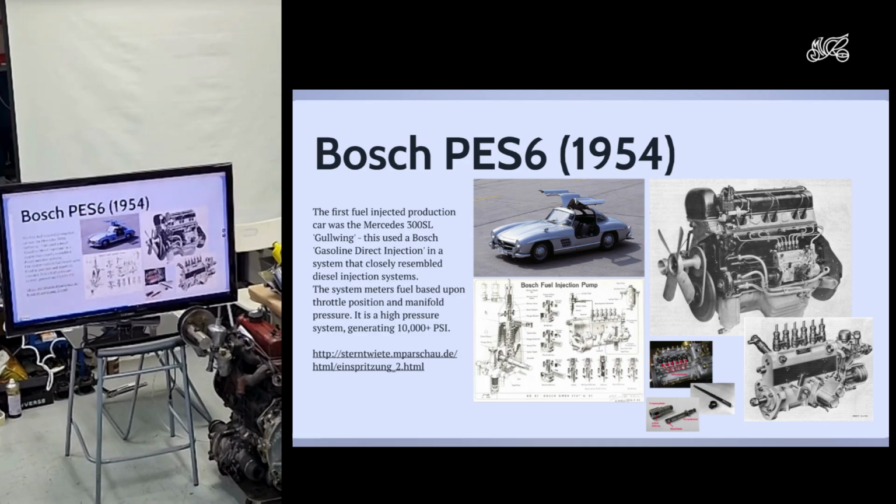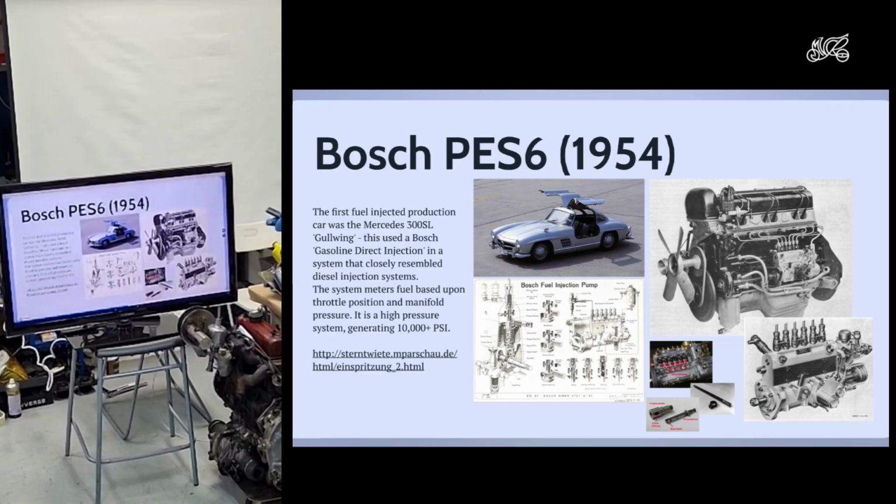This is what diesel engines do, and it requires very high pressure. So it's like 10,000 psi or something, because you remember the piston's coming up, you're compressing the air inside the cylinder, and you've got to inject against that. So you need very high pressure to do it.